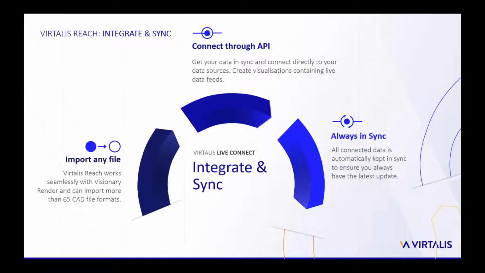And finally, we will have direct integrations with the major PLM systems. Now, at the first release of Virtalis Reach, that means the ability to tie in directly with PTC's Windchill PLM system. But we are also members of the Siemens Technical Partnership Program, and we expect to be adding support for their Teamcenter PLM as part of a future upgrade.